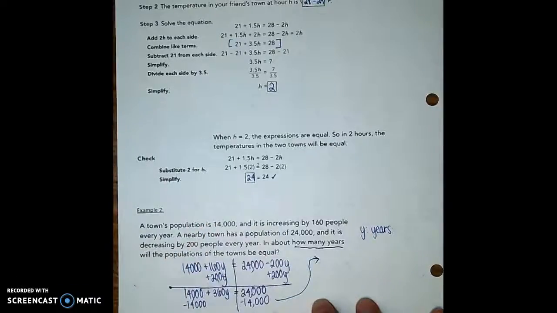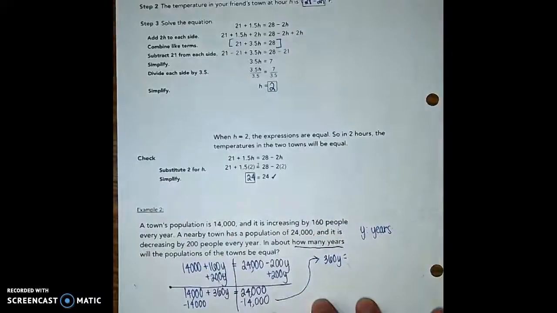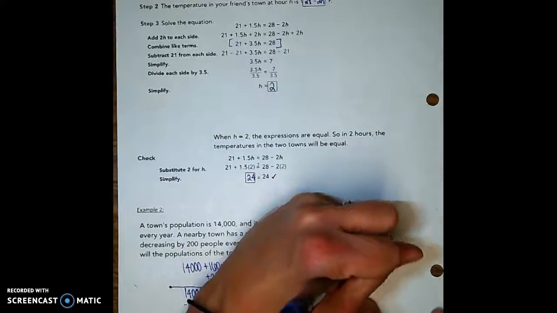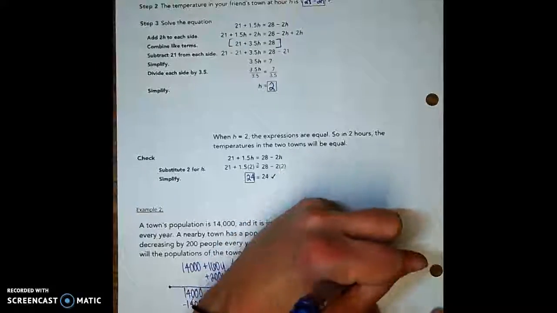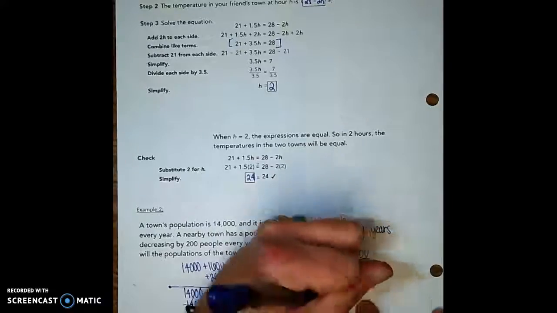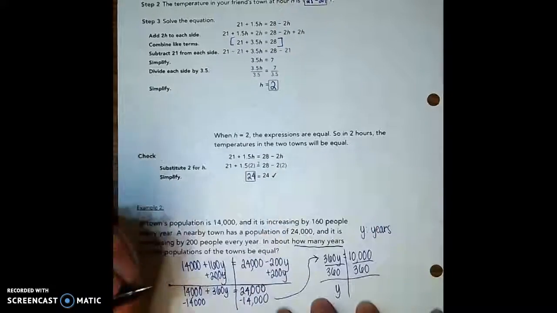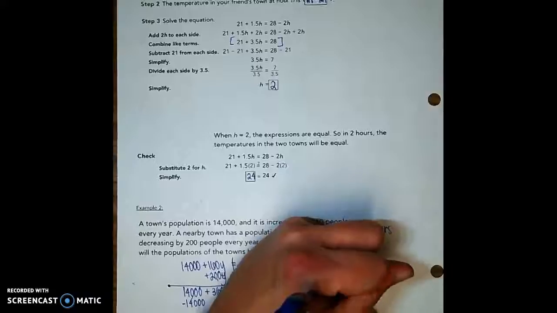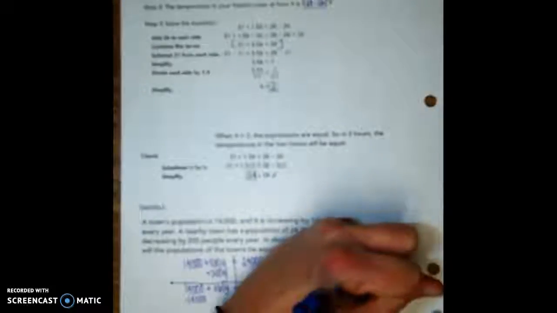That's going to give us 360y equals 10,000, and then I divide both sides by 360. And I get y equals around 28 years. It says in about how many years will the populations be equal, so it's fine for us to round to about 28 years.